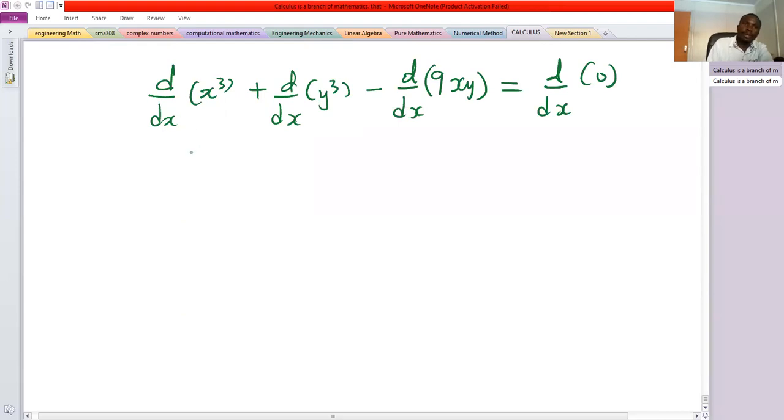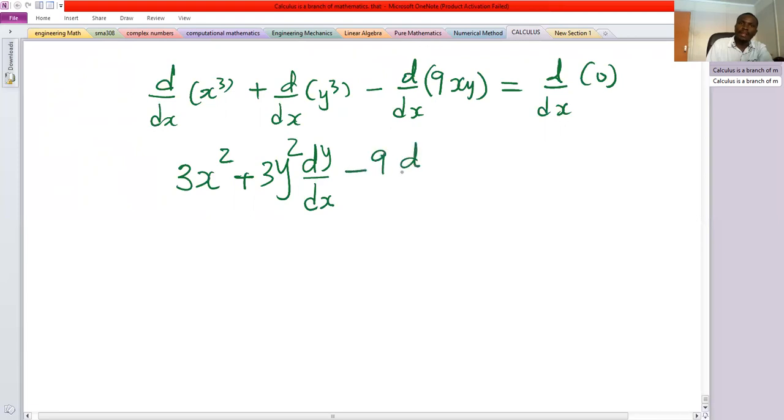Now by the power rule we get 3x squared. By the power rule you get 3y squared, but because we have a y, you attach dy/dx to that term. This we can write as minus 9 d/dx of xy equals 0. The derivative of a constant is 0.